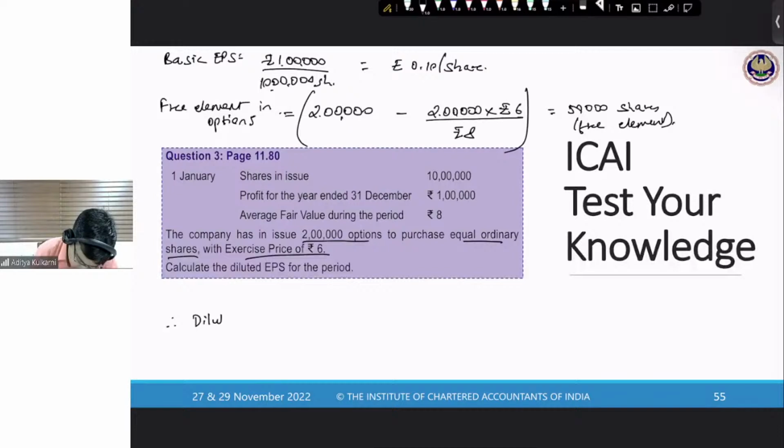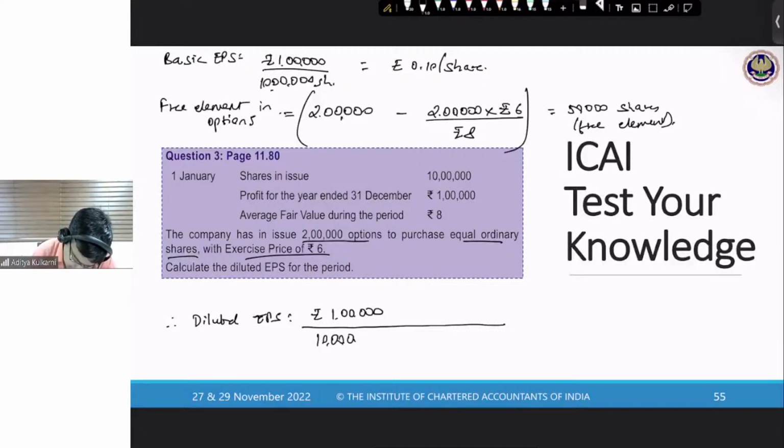Therefore, diluted EPS: rupees 1 lakh divided by 10 lakh.